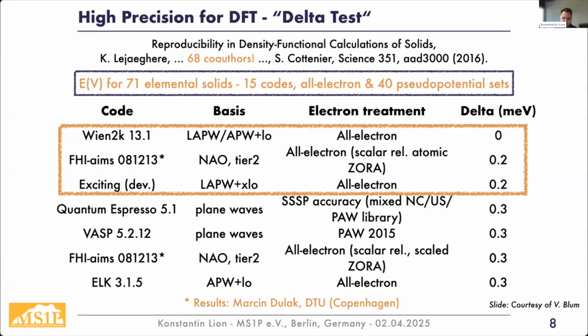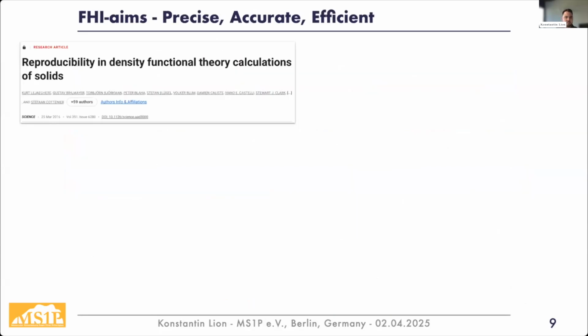And here the FHI-aims results, which you see in the second row, were not obtained by us, but rather by Marcin Dulak at the DTU in Copenhagen. But what you can nicely see is that FHI-aims is really extremely accurate and on par with all the other all-electron code-based implementations here. So this is really, of course, one of the main pillars we want to focus on.